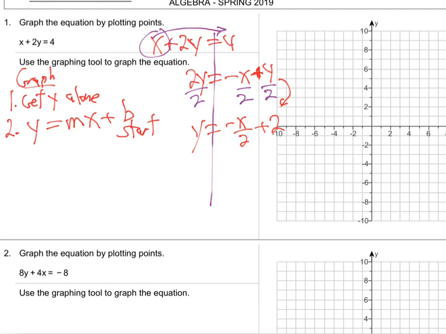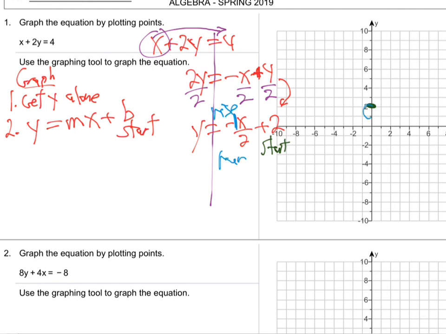Okay, so let's graph that thing. How do we graph it? Where do we start? Yeah, start at the 2, so it's right here. That's the y-intercept. Good so far? And then where do we go from there to find our next dot? We're halfway there. We've got one dot, we just need one more. Yeah, this has an invisible negative 1 there. That's rise over run.